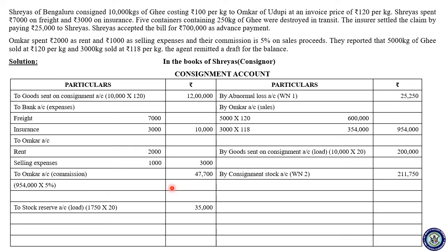Next, balancing figure. The balancing amount is transferred to the profit and loss account. So now we do the total and find the difference.